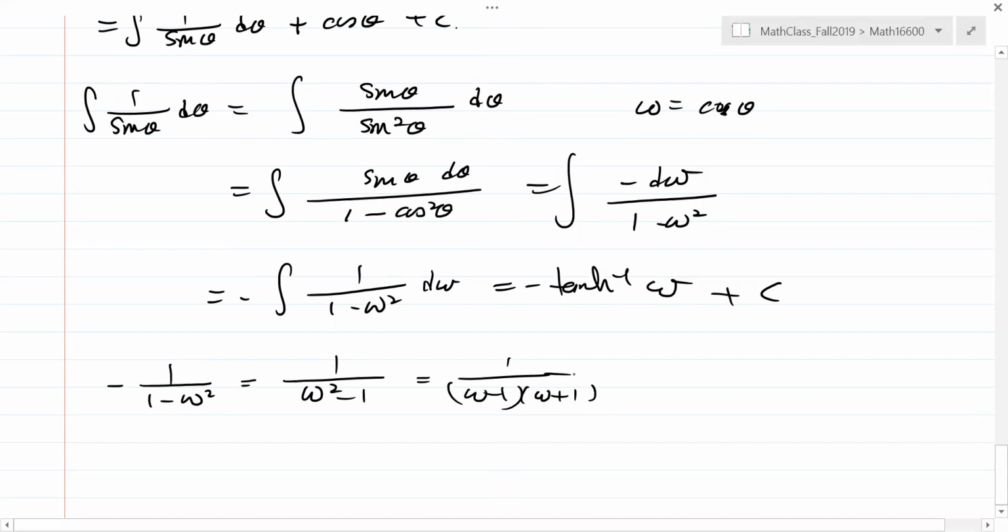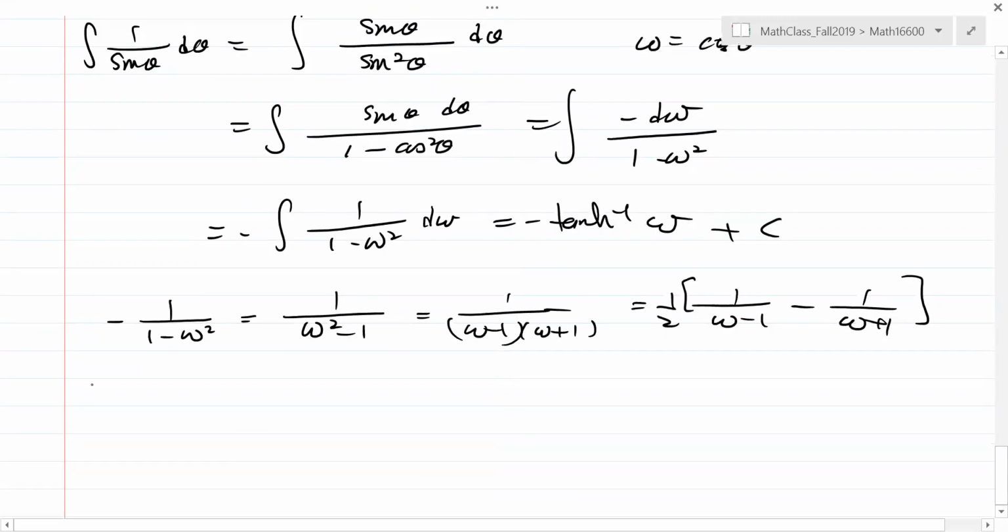You separate them, and actually you have to do the subtraction. When you do the subtraction, that's 2 on the numerator. This is the typical idea you can use.